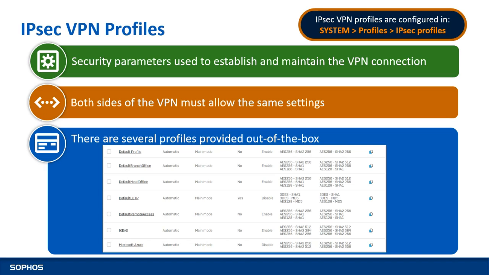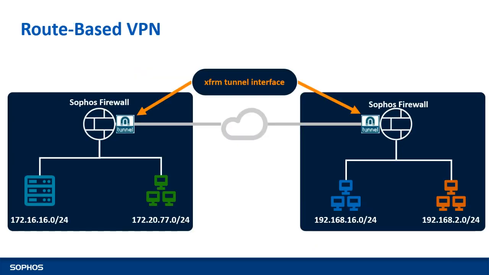There are several pre-configured profiles that ship with the firewall, but these can be cloned and modified to meet your requirements, and this may be necessary to meet compliance criteria or to create a VPN with third-party devices.